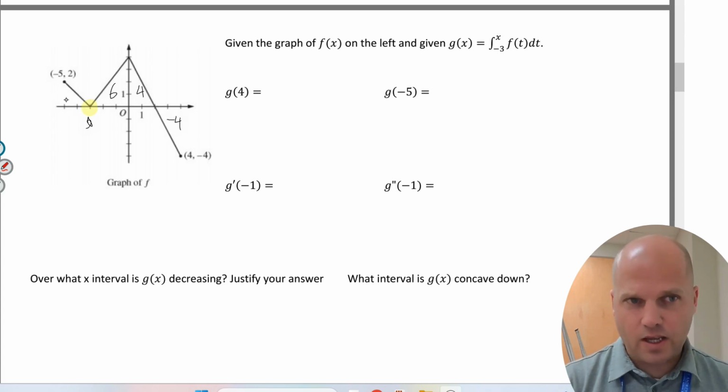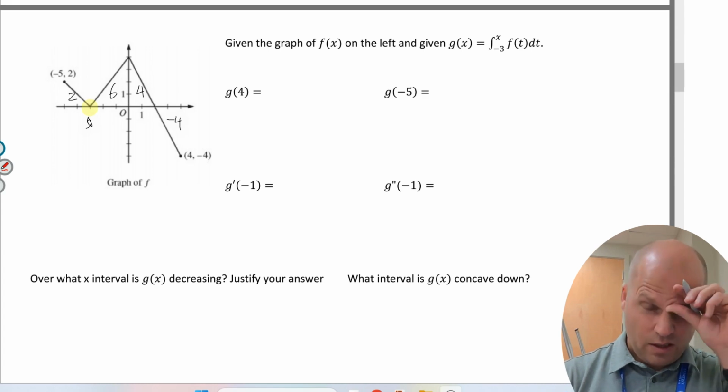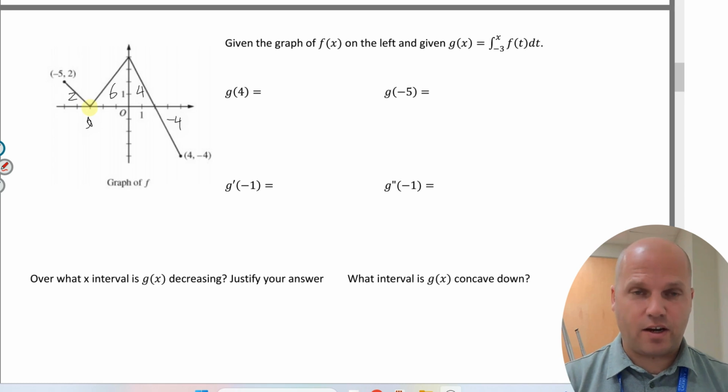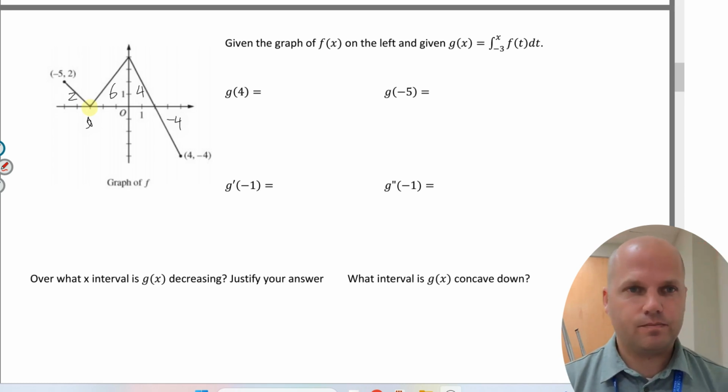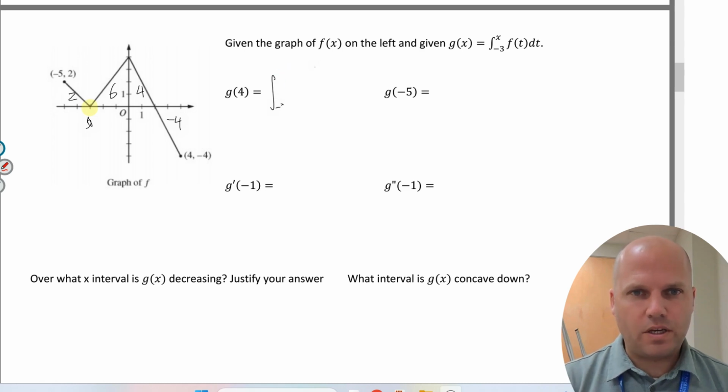And I'm going to think of it as a positive area. 2, 2, this is 2. Again, think of it as a positive area, but if you go backwards, you'll get the opposite of your answer. g of 4 will be the integral from negative 3 to 4 of f. Negative 3 to 4 would go all the way here, so I have this 10, and then I have this negative 4, so I get this 6.